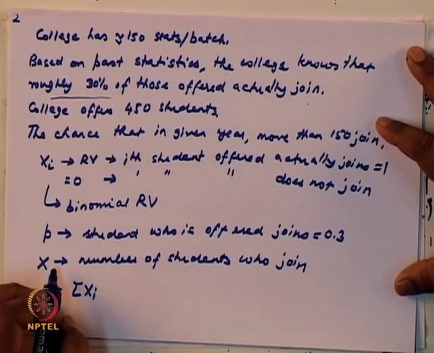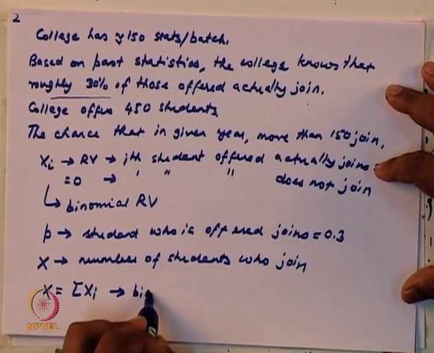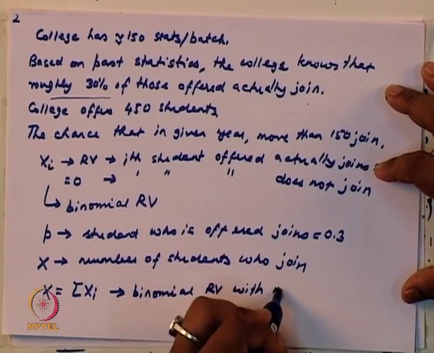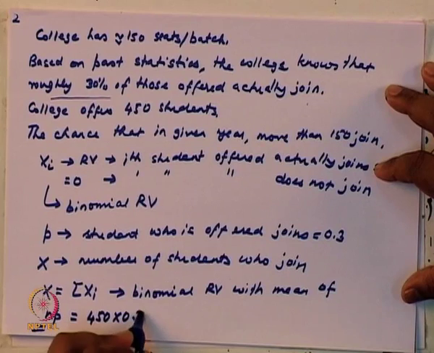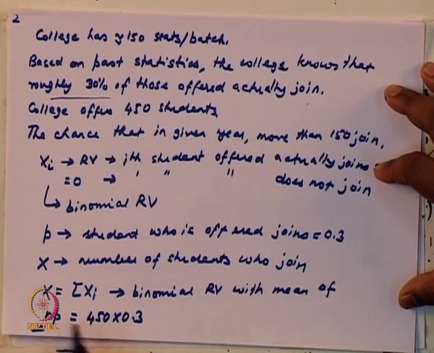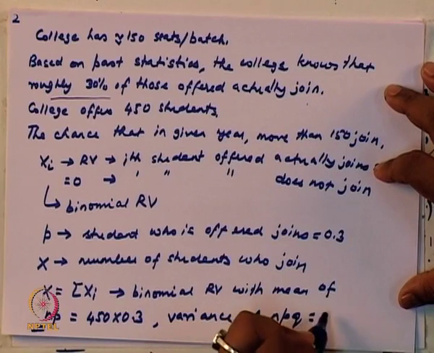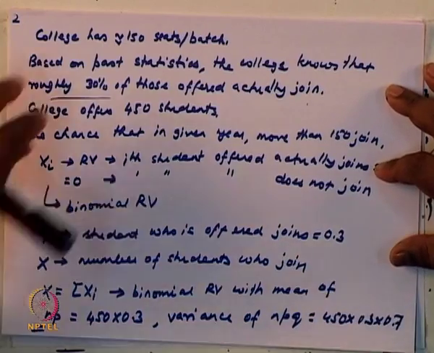Since each of the xi's is a binomial random variable, x will also be a binomial random variable with mean n times p, where n is the total number of students offered, 450 into 0.3, and variance n p q, 450 into 0.3 into 0.7.